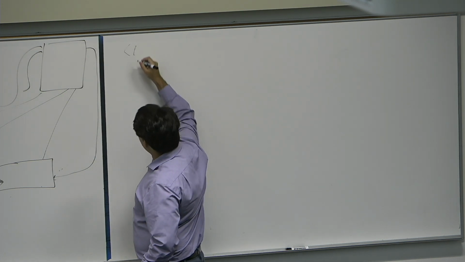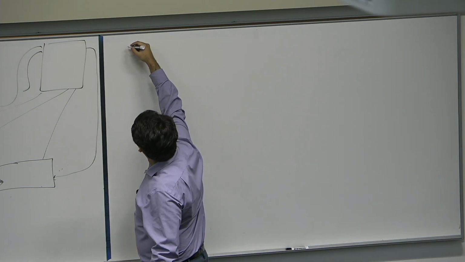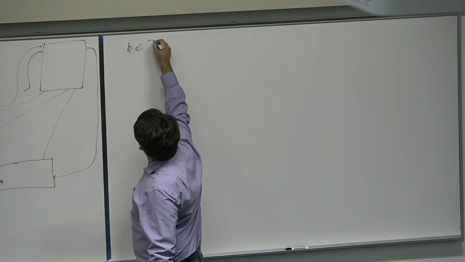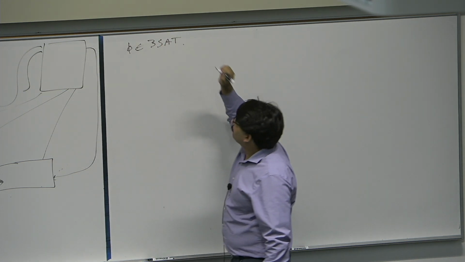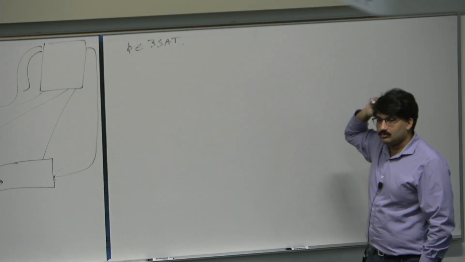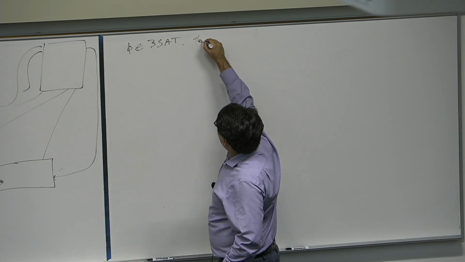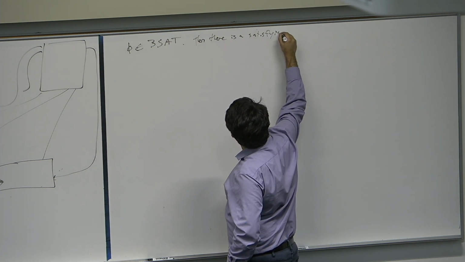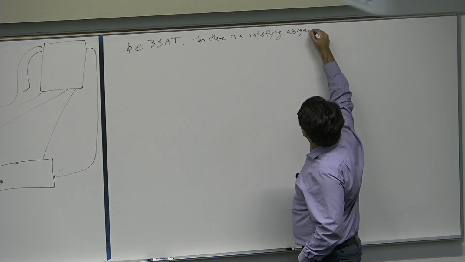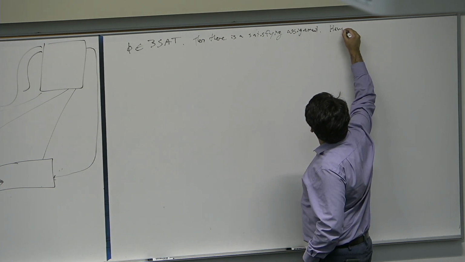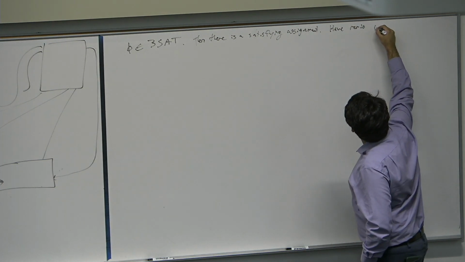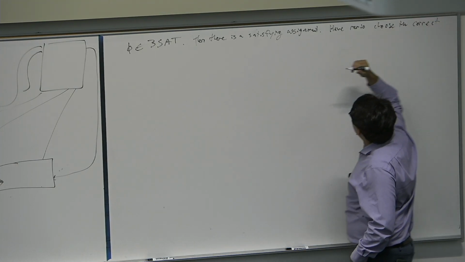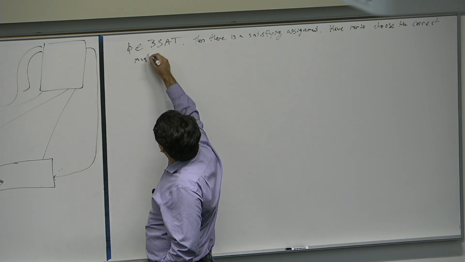Let phi be in 3-SAT. Why is the level satisfiable? Then there is a satisfying assignment. Have Mario choose the correct mushrooms to send.